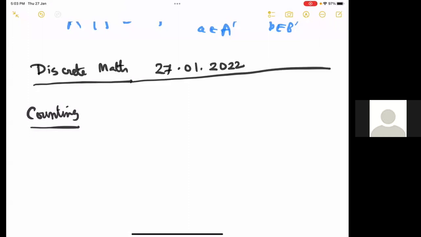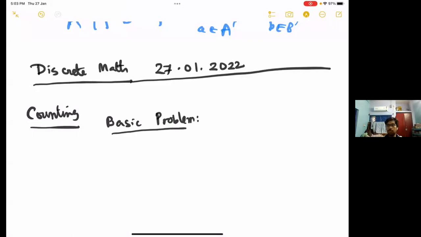So one of the basic problems that you can see in many places in combinatorics is that they want to prove the cardinality of two finite sets are equal.